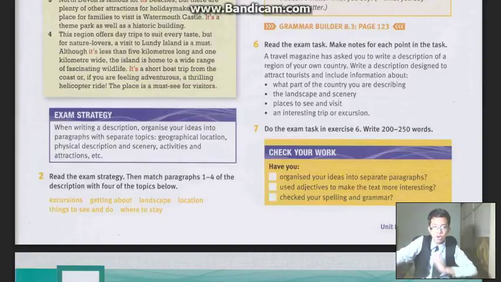And check your spelling and grammar, as in every single test. It is a must, because it is also a part that will help you increase your score. Alright? And also, they understand you more.